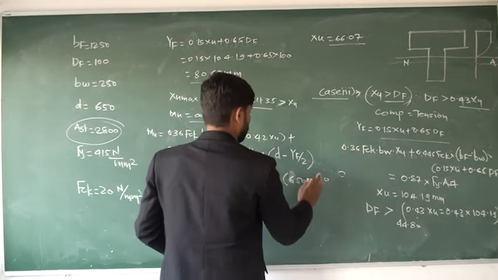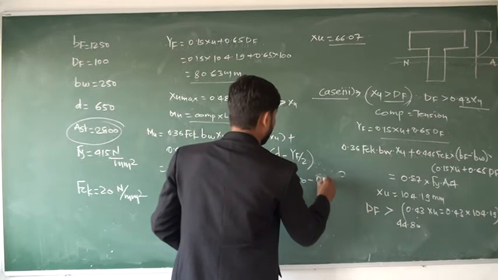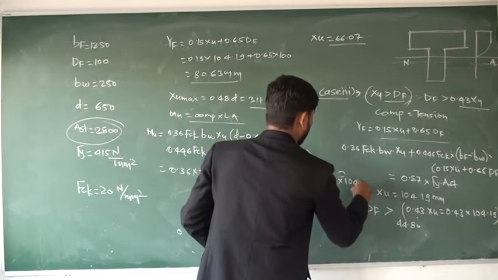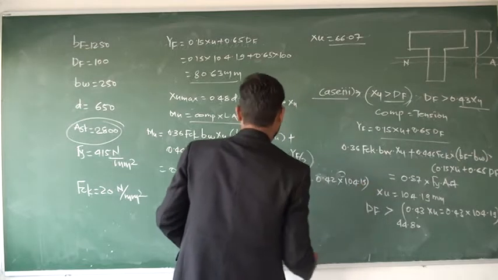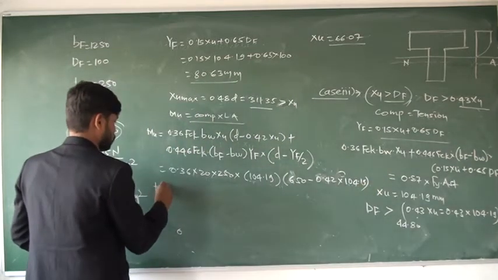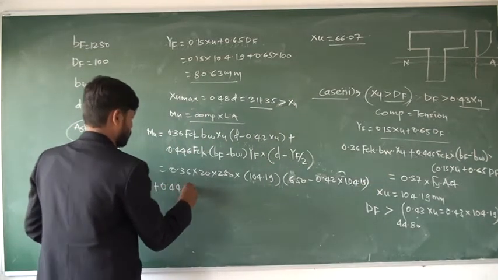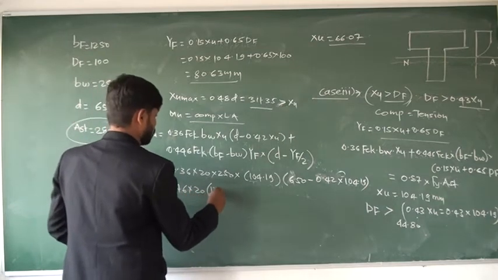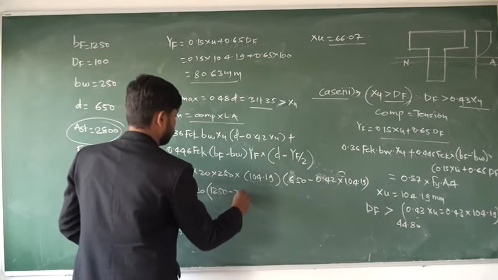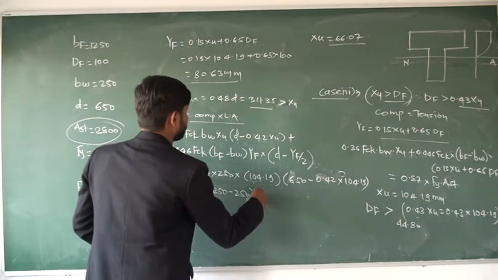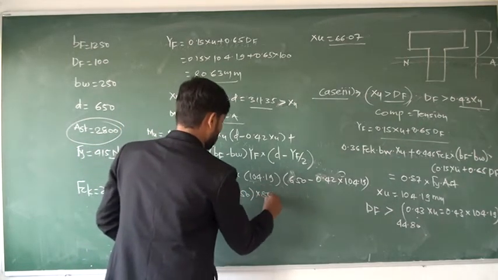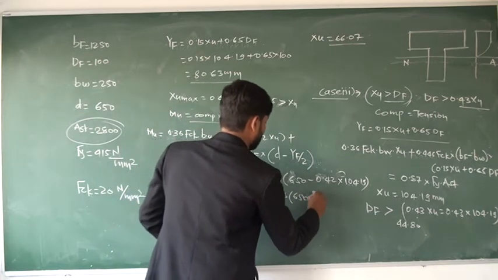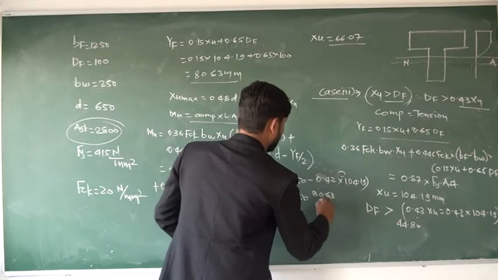Yes, first we will finish this line: 0.42 times xu, again 104.19, plus now 0.446, fck is 20, bf is 1250 minus bw 250, yf is 80.63, d is 650, minus 80.63 divided by 2.